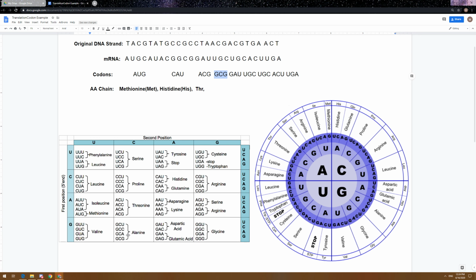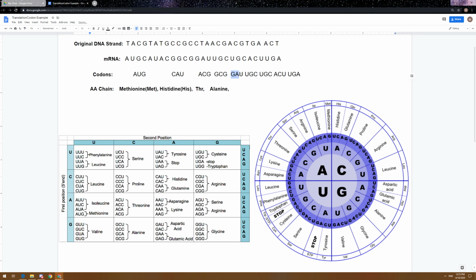So sometimes when you're going through the chart, if you know that everything in your box for your third letter is going to be the same, it doesn't really matter what your third letter is, it's going to be that amino acid. So this one is alanine. So that was GCG.